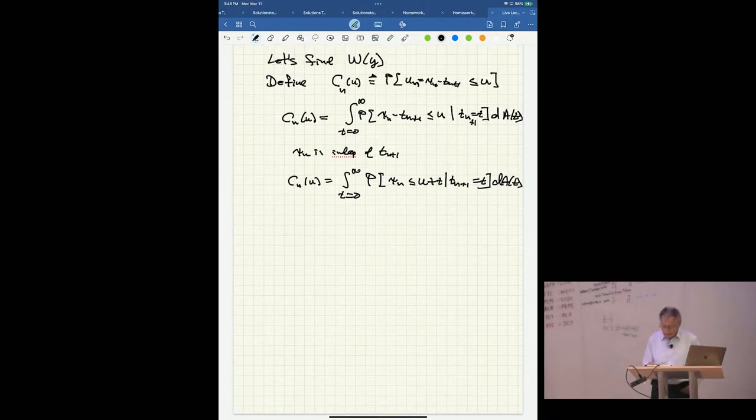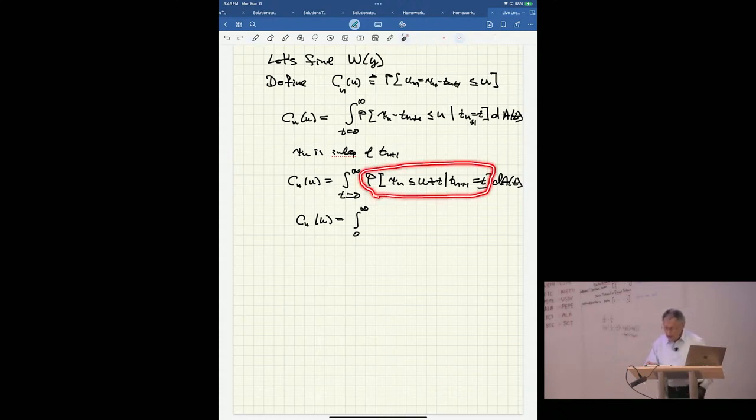But again, service time is independent of tn plus 1. So we get that Cn of u is equal to the integral from 0 to infinity over the interarrival time. And what is this thing? First of all, x doesn't depend upon the condition, so you can forget the condition.